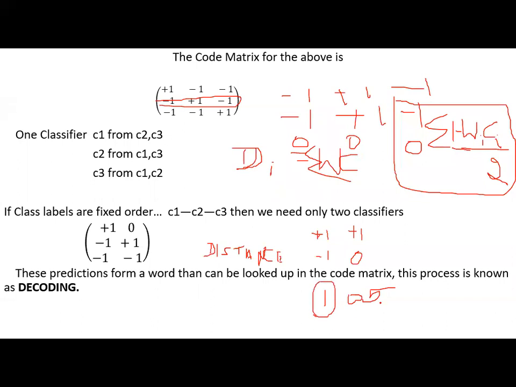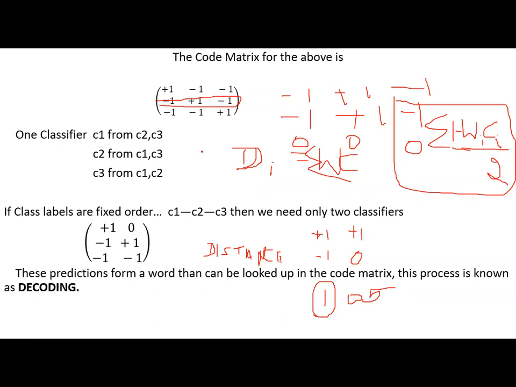We can now clearly say how distance is calculated. The distance is calculated from the search word and a classifier word, by comparing the two we can easily calculate the distance. If the two bits are equal, the distance is said to be 0. If the two bits are not equal, the distance is said to be 1.